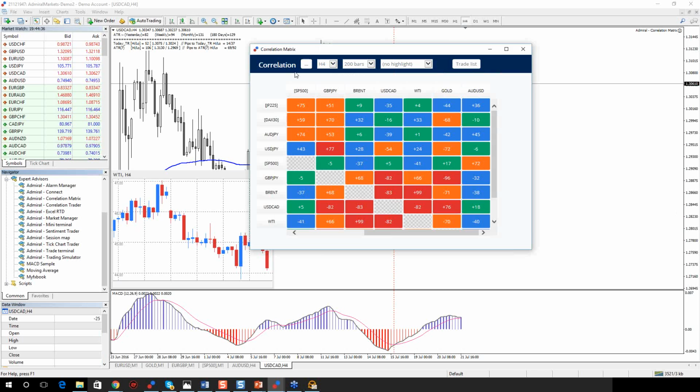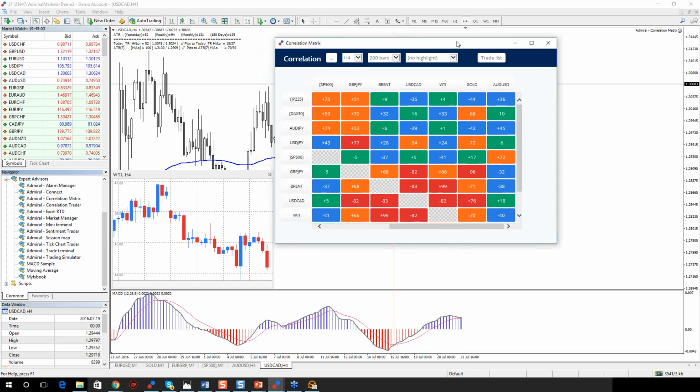Correlation matrix. On the correlation matrix, you can see WTI, dollar CAD, minus 82. Same with Brent, actually crude. So everything is the same here, guys. Correlation is the same. Okay? So the point is, crude oil or WTI, I watch WTI most of the time.